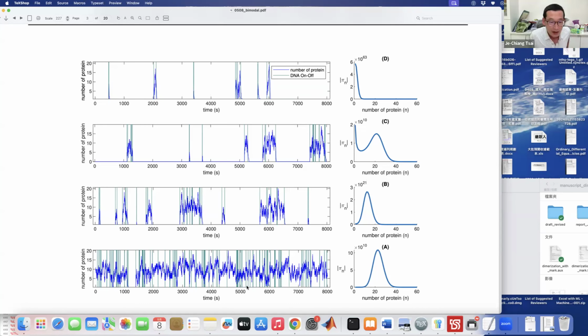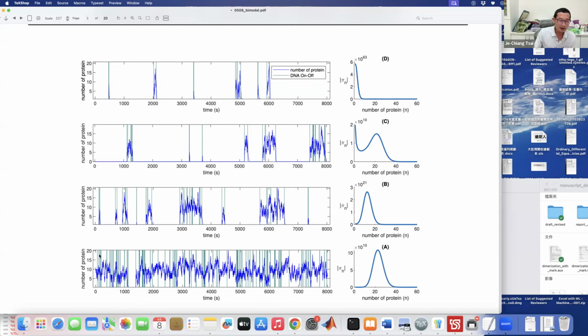On the other hand, in the case of type A, at the very bottom of the panel, the gene is very often switching between closed and open, and you can see that many proteins are produced.